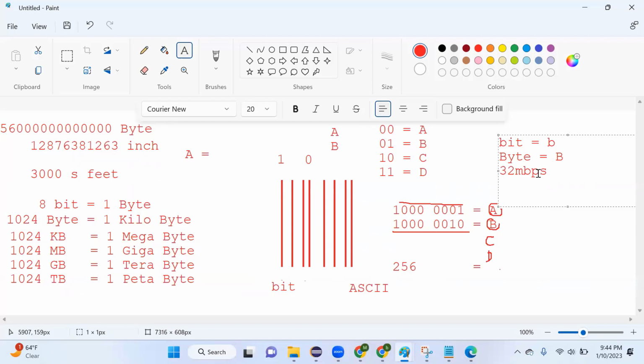Then how many characters will it pass? I mean, what is the speed? 1 byte is 1 character. So per second, how many characters will you get? 32 characters? What is it called, bit or byte? Byte is a character, but bit is not a character. So this is 1 character.